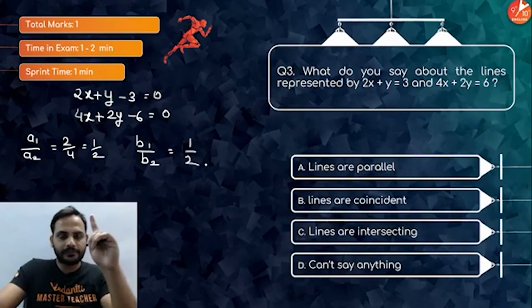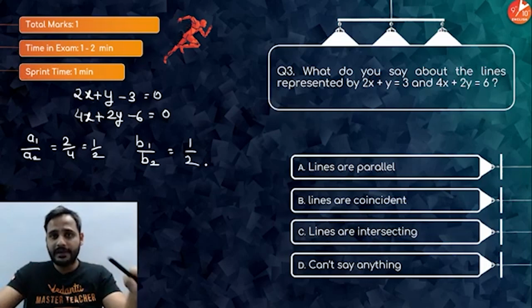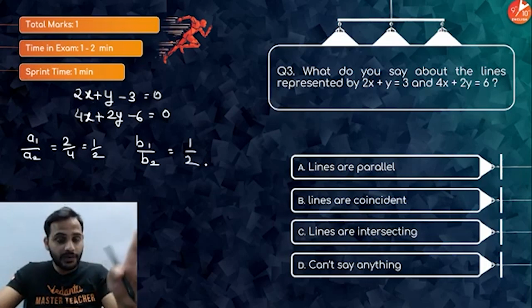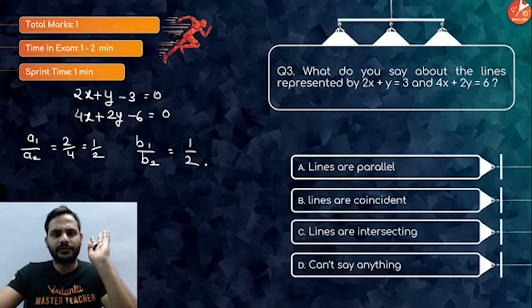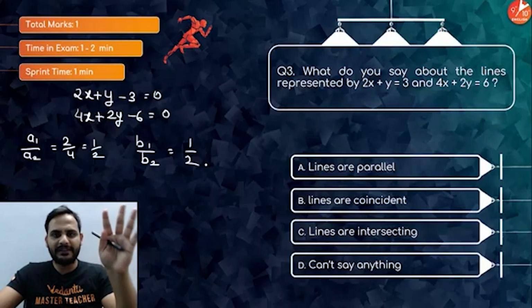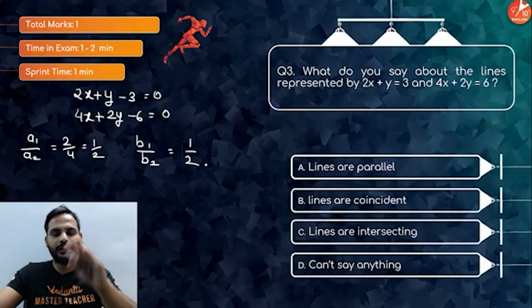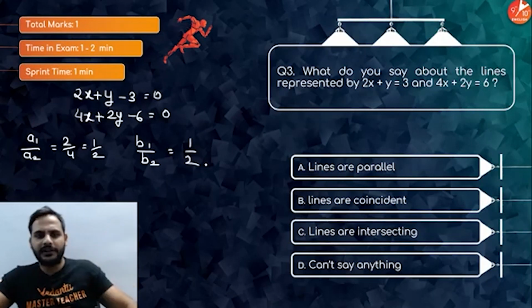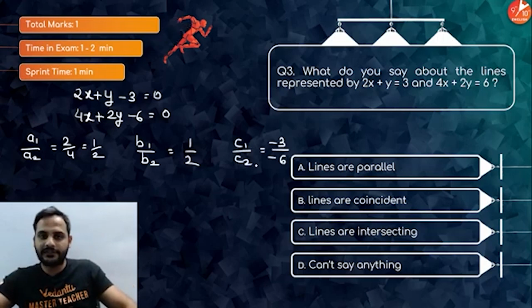Now see, once I have got a1 by a2 and b1 by b2 equal, then I'll go for c1 by c2. If a1 by a2 and b1 by b2 are not equal, we don't even have to go for c1 by c2. Alright, so since they are equal now, we will check c1 by c2 as well. It is minus 3 upon minus 6, negative sign will be cancelled, which is again 1 by 2.